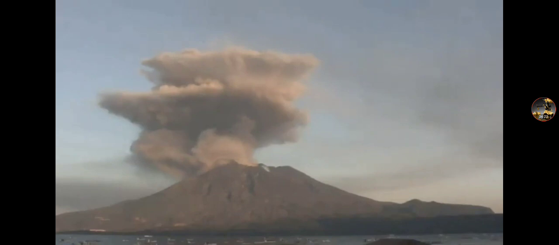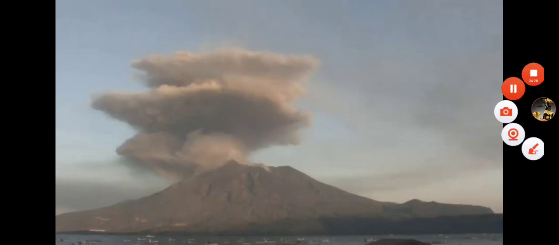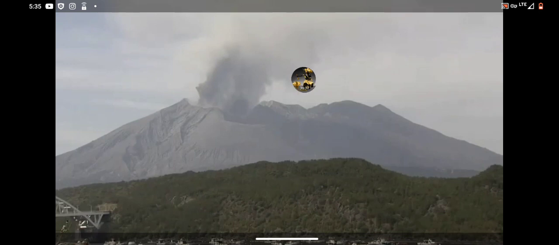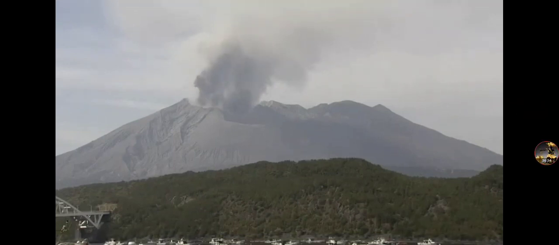See that? If you pay attention in this area, you see him just zipping by.